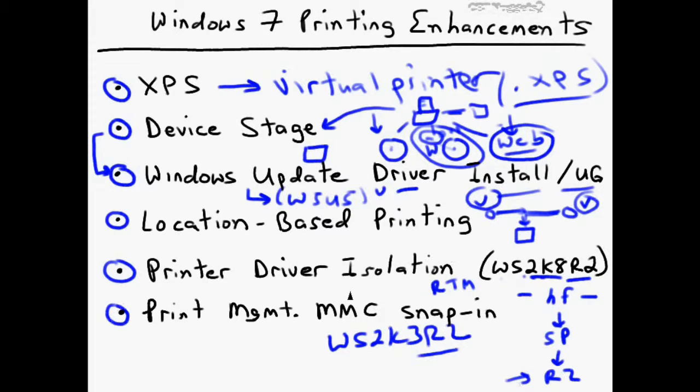Of course, we have print management in Windows 7 and Windows Server 2008 by default, but Microsoft continues to add features and benefits to it. Alright, so we've talked about location-based printing. I've mentioned the Print Management Console, which is such an improvement over how print management was done prior to Windows Server 2003 R2.